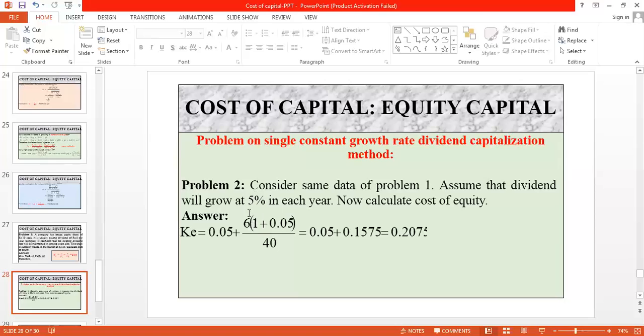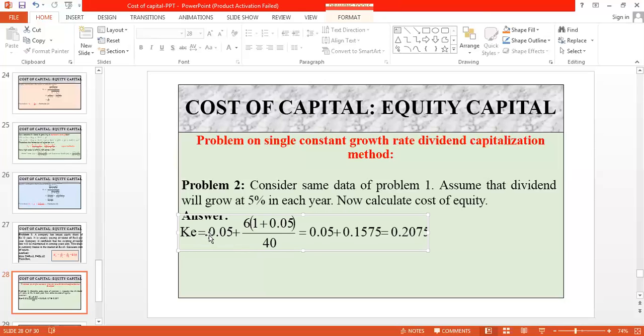Current dividend, that is D0, is equal to rupees 6, and the market price of the equity share is rupees 40. So you remember the second formula. The second formula was KE is equal to g plus D0 into (1 plus g) divided by P0. The same formula we have applied here, just put the values.